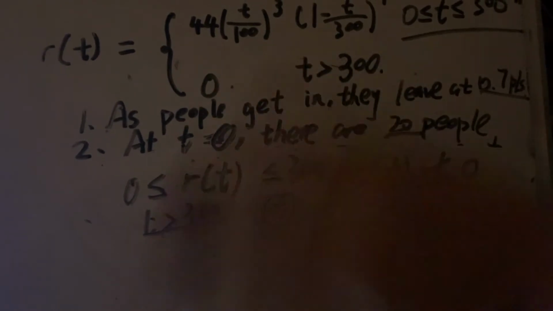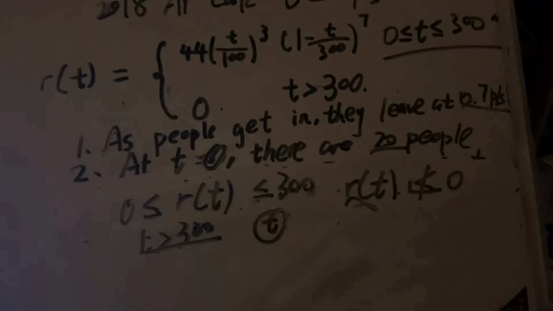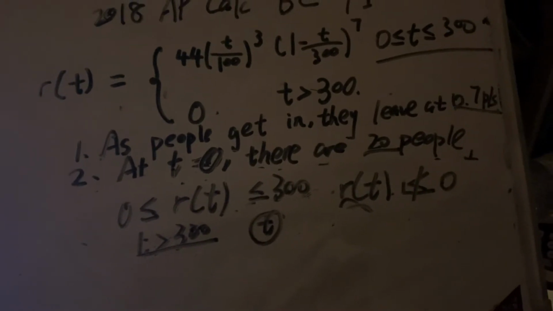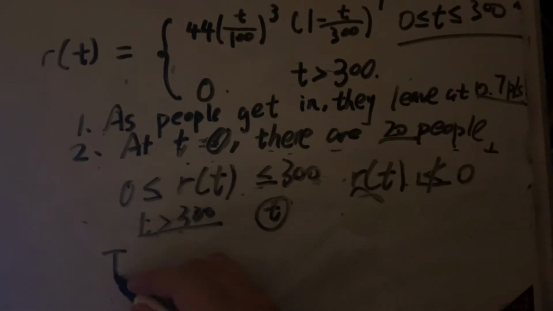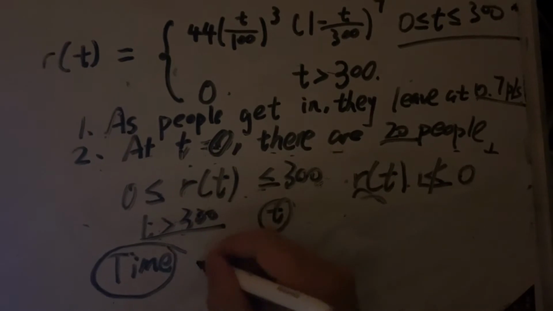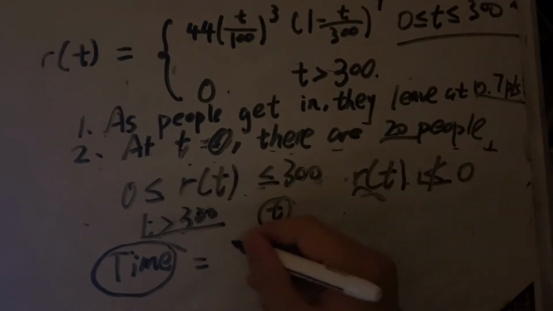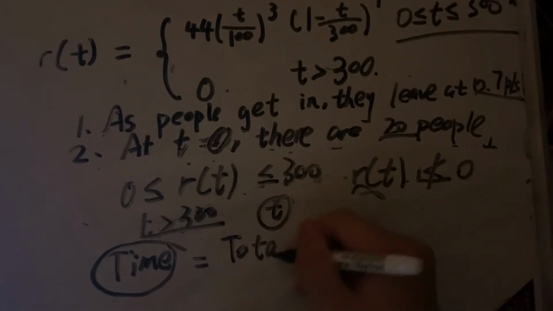After we know this, we will find an equation to help us solve the problem. To calculate the total time where it reaches 0, you need to get the total number of people.